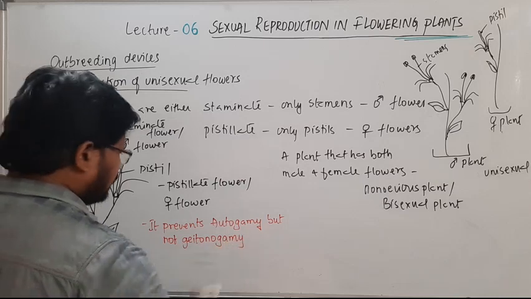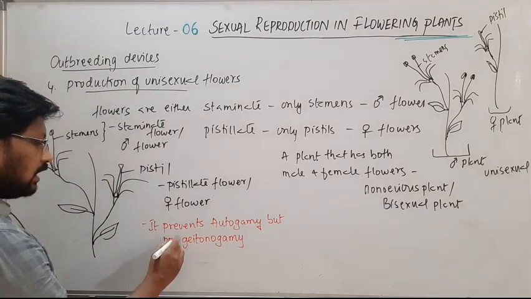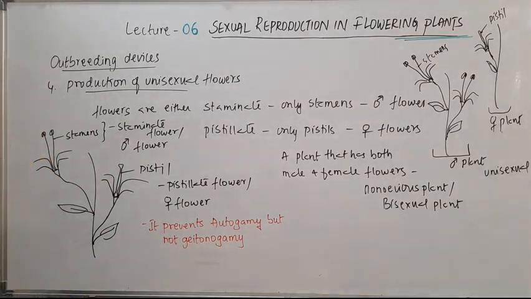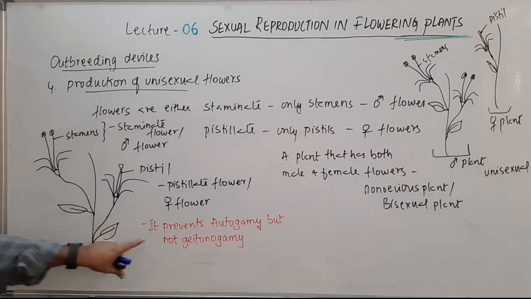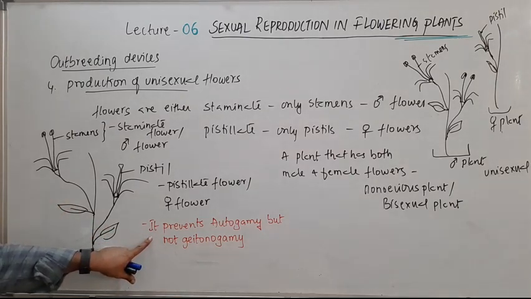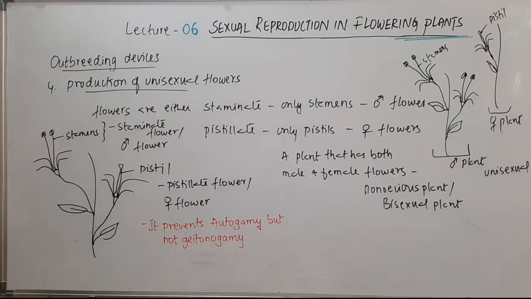I hope we remember that geitonogamy is the transfer of pollen from the anther of one flower to the stigma of another flower present on the same plant. So that's what we call geitonogamy. In plants that have unisexual flowers, it will prevent autogamy, but it will not be able to prevent geitonogamy.